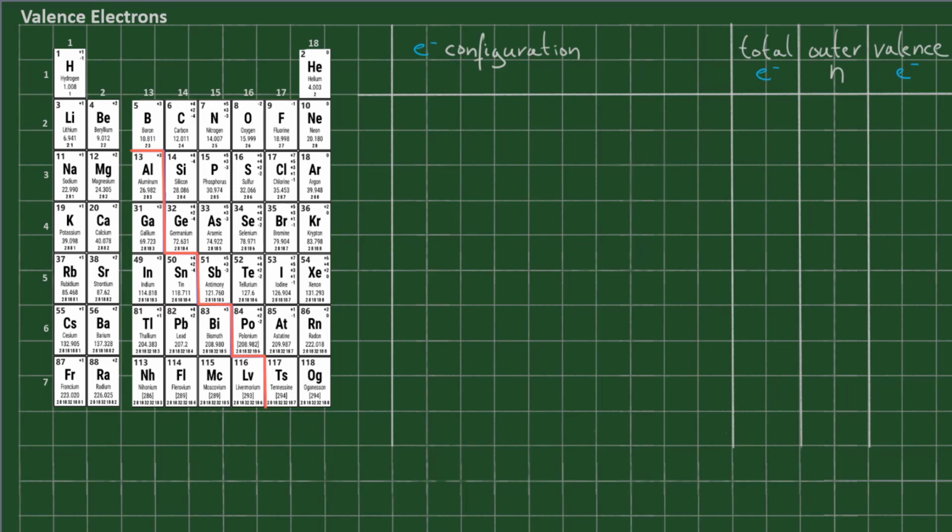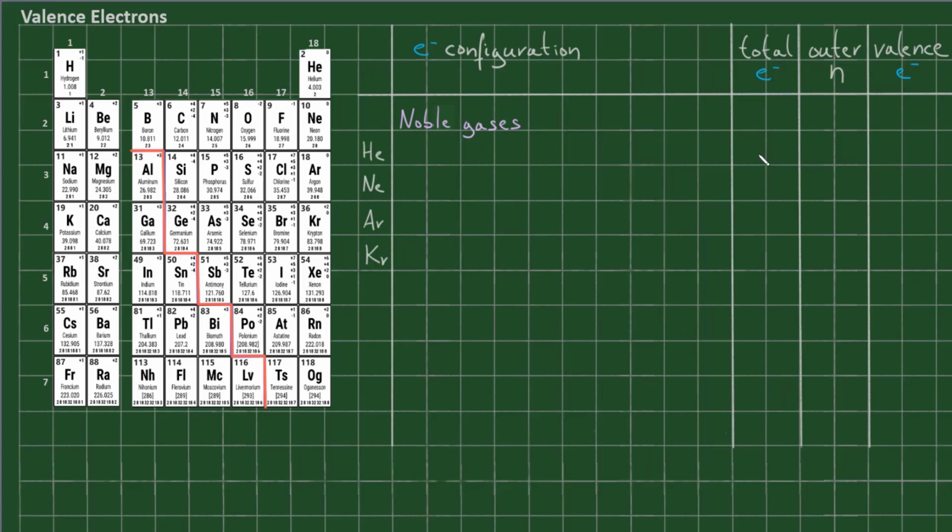Let's start with noble gases. I invite you to pause the video and write out the electron configurations for these elements, as well as writing down the total number of electrons and what the outer or the highest principal quantum number is. Alright, I'm going to deal with the total number of electrons first, simply because I can get that information straight from the periodic table.